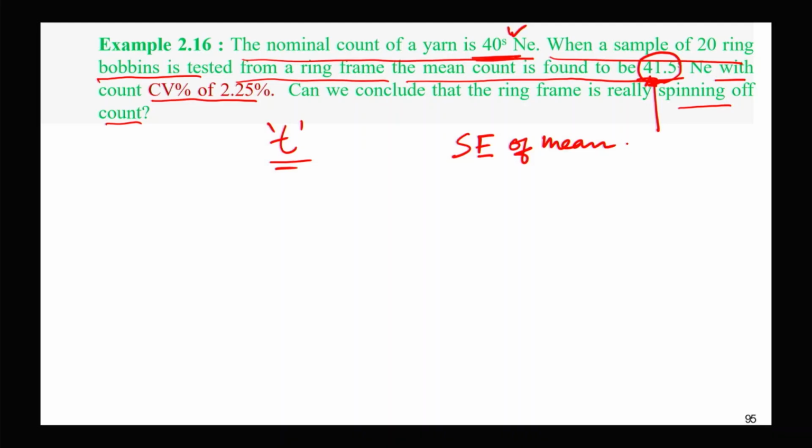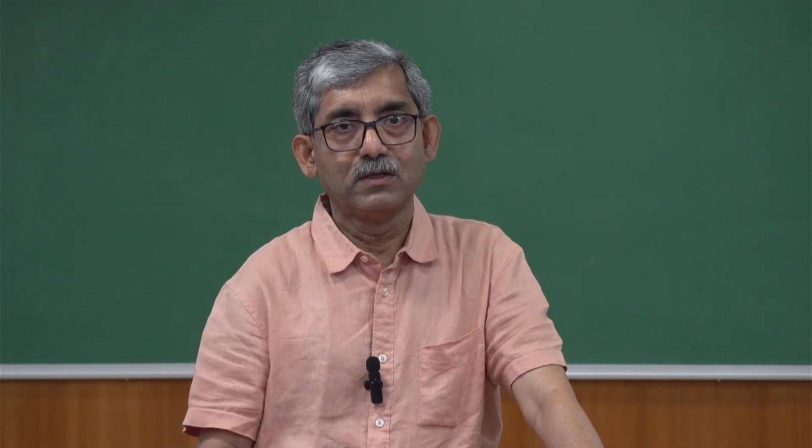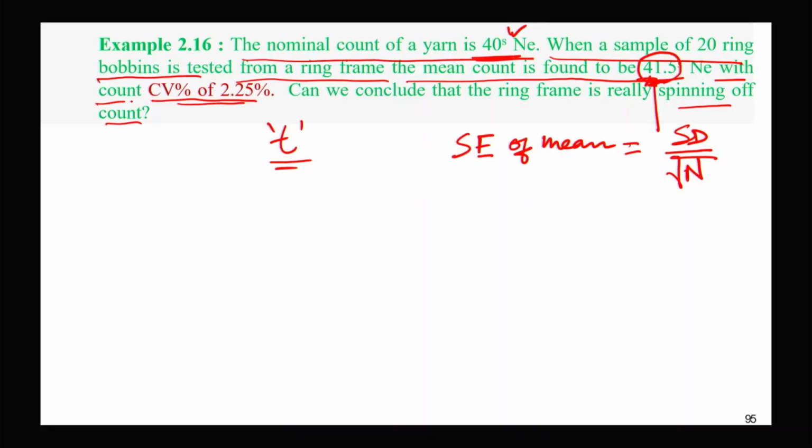The relationship is standard deviation divided by the square root of the number of samples. But in this numerical, standard deviation is not given, instead coefficient of variation is given, the CV of yarn count.